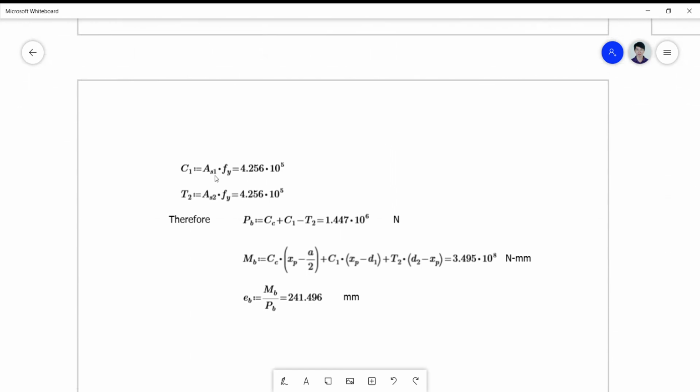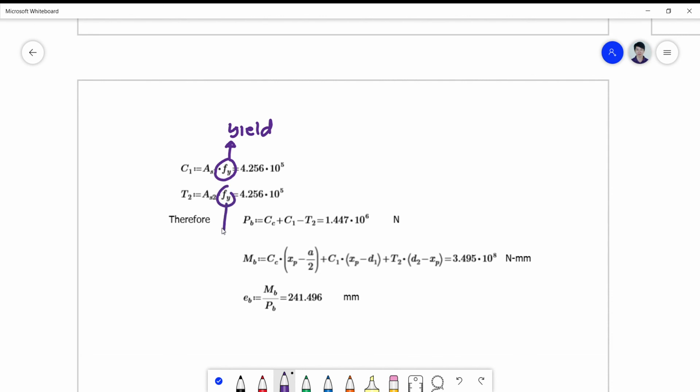So C1 is AS1 FY is 4256 because it yields, no? If the compression still does not yield, you use Fs, okay, Fs1. So this is automatically also yielding. We are assured of yielding.